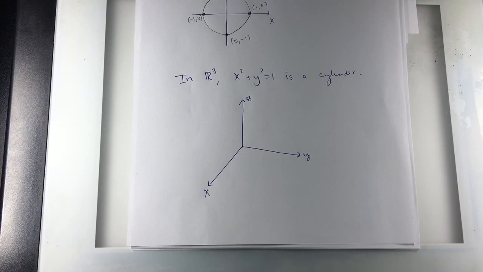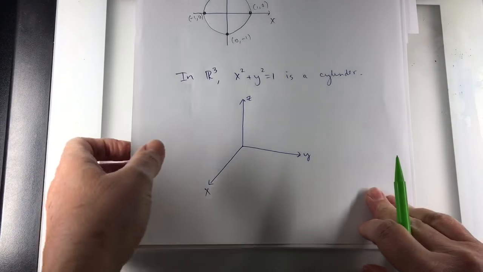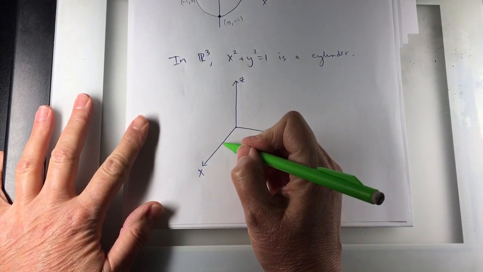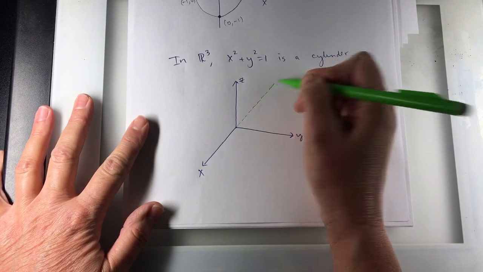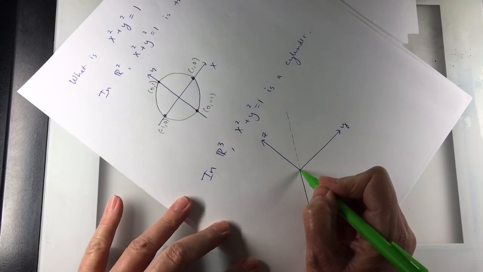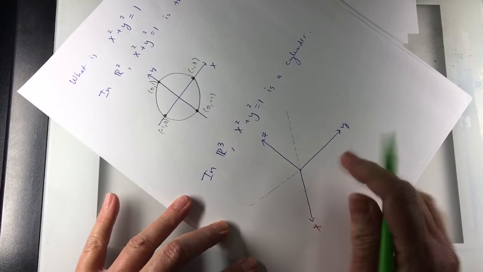And I'm thinking, okay, in just the xy plane, then it's a circle. So I would kind of come through here and let me put in my dotted lines for my negative portion of these lines.